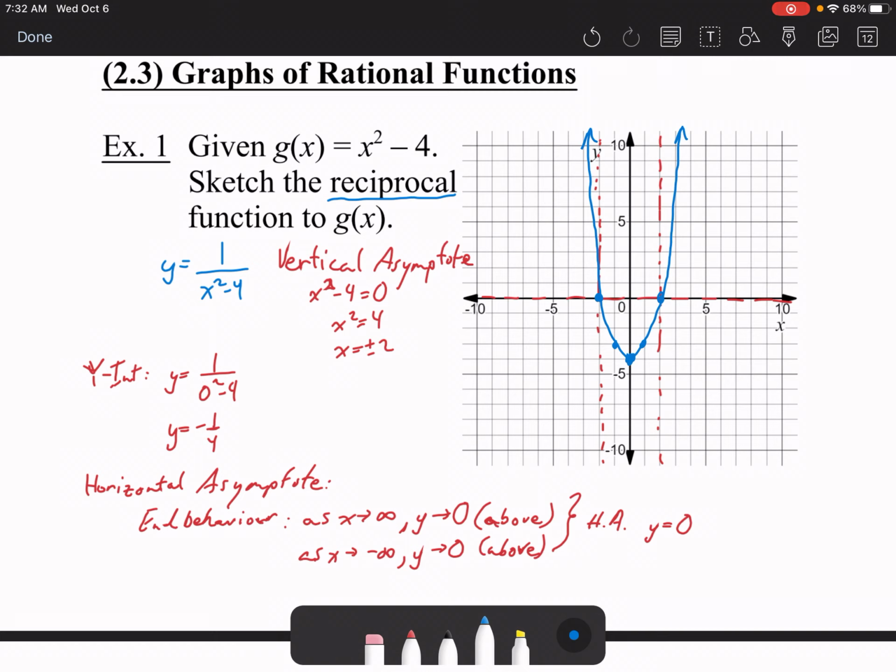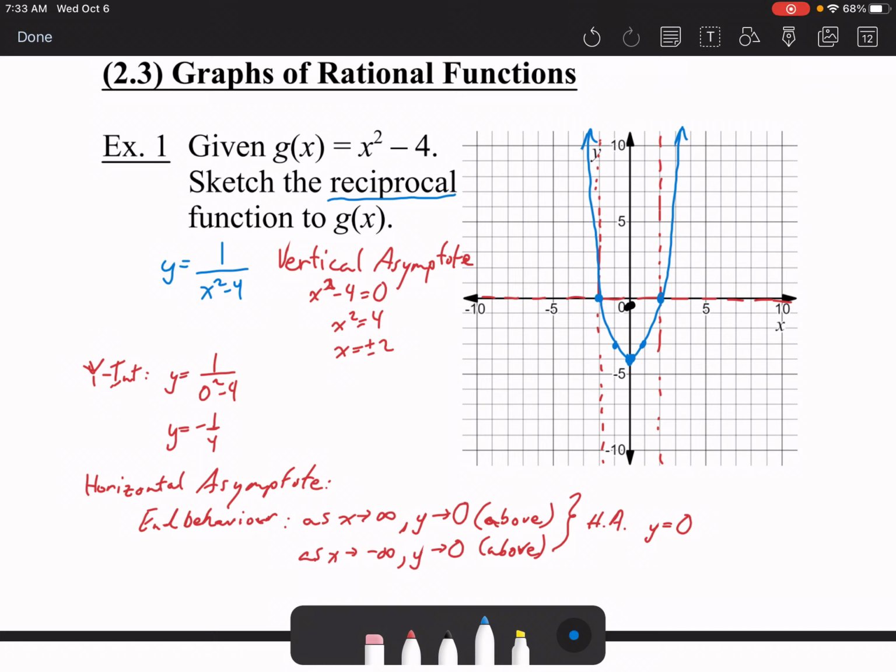And once you have that drawing, then you can come up with your reciprocal function. Your reciprocal function will go through all the points listed already above. So it goes through -1/4. So that's one point. It has no x-intercept, so it's not touching there, but it's getting close to these horizontal and vertical asymptotes, and it's got to have the same signs as the original function g of x.